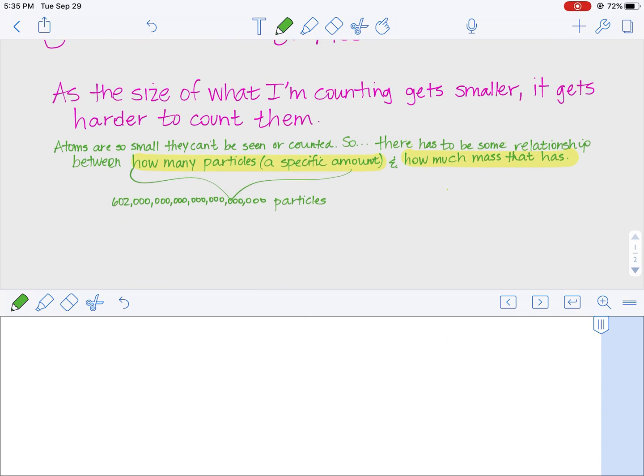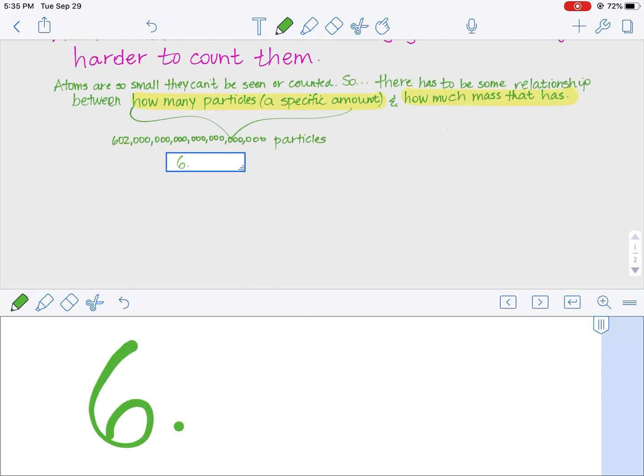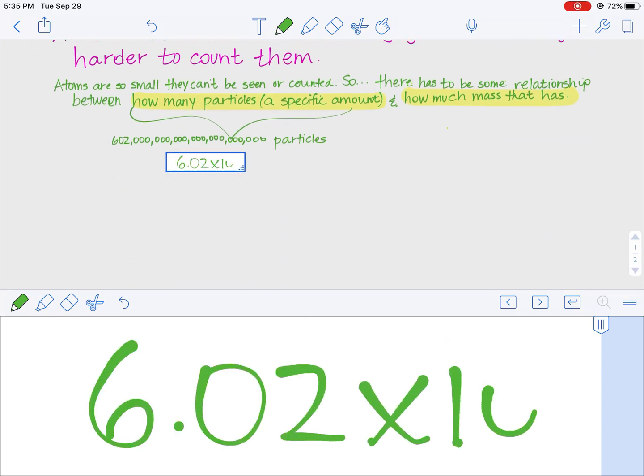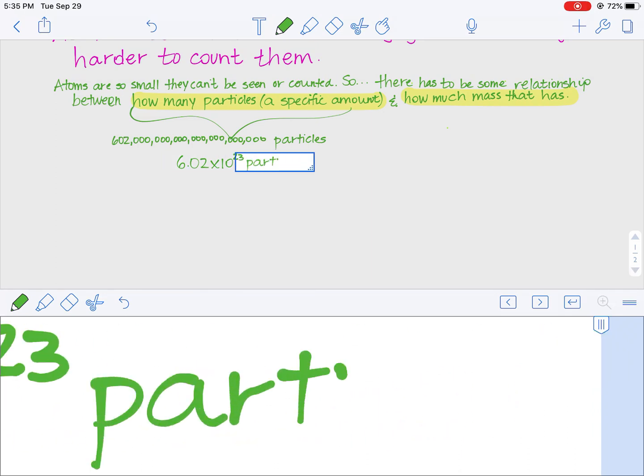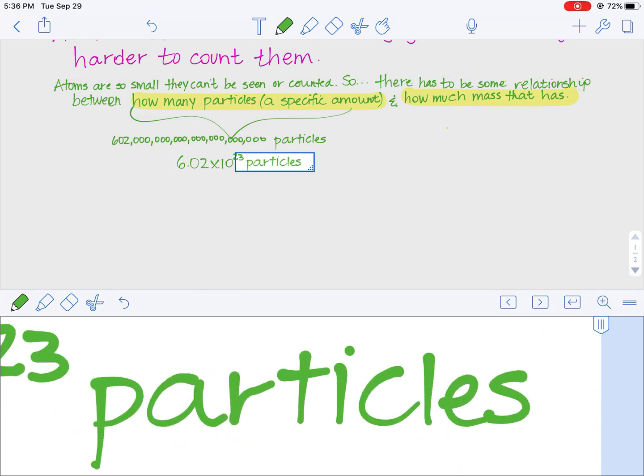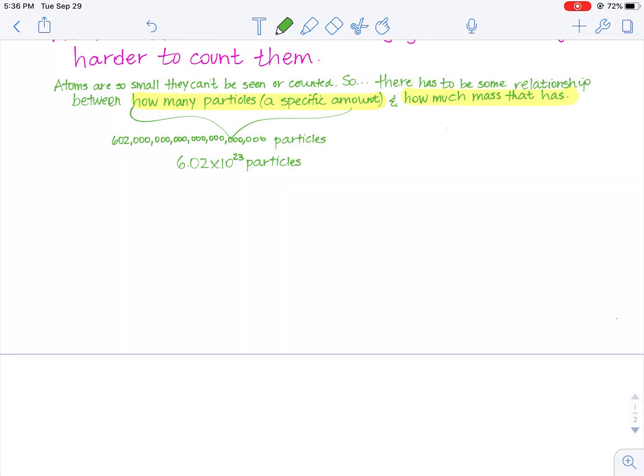And that really long number can be shortened to 6.02 times 10 to the 23rd particles. That, how many particles or a specific amount, is also related to how much mass it has.